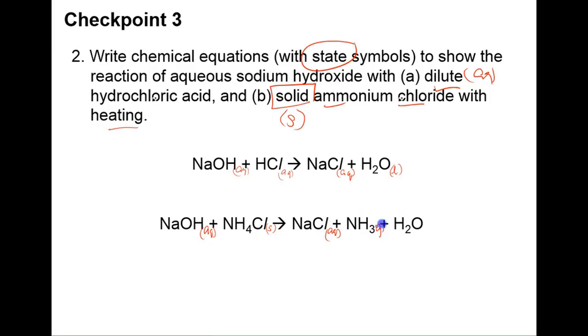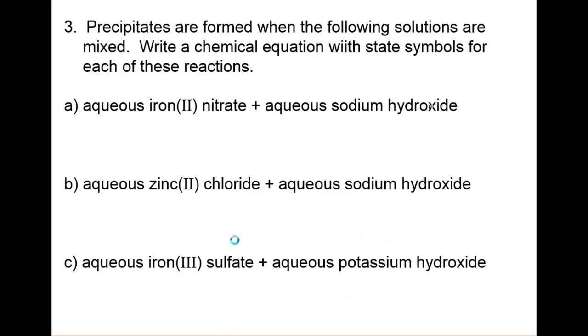Ammonia is a gas, and water is in the liquid state. So we have the base and ammonium compound giving us salt and ammonia and water. So how do we know there's ammonia being produced? Because we have an ammonium compound here, and the N must balance on both sides.